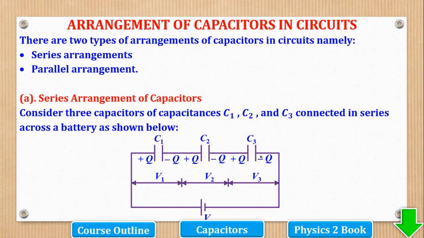So what you should realize is that all the capacitors have the same magnitude of charge. That is one. Then two, you realize that the PD across each capacitor is different. For this one is V1, for this one is V2, and for this one is V3. So whenever two capacitors are in series, just know charge will be the same and PD will be different.